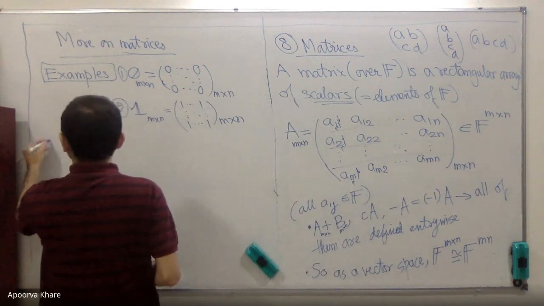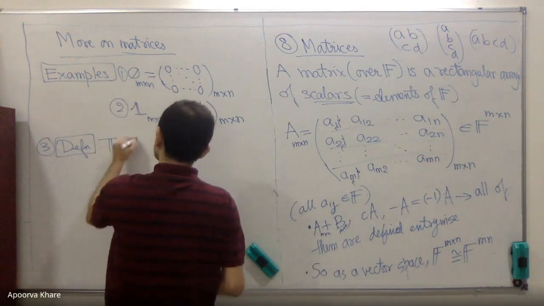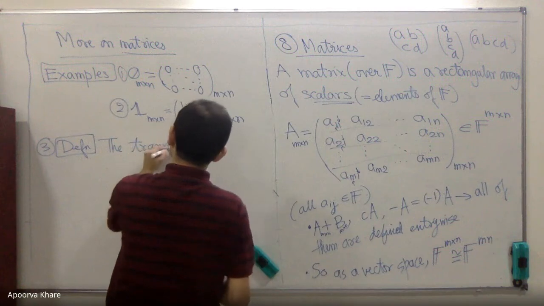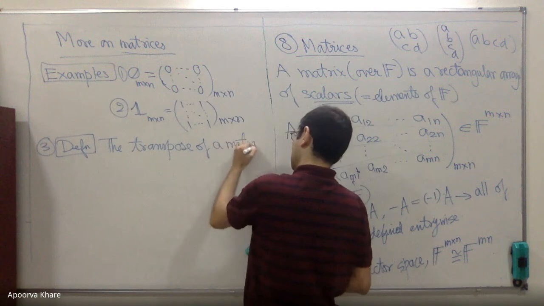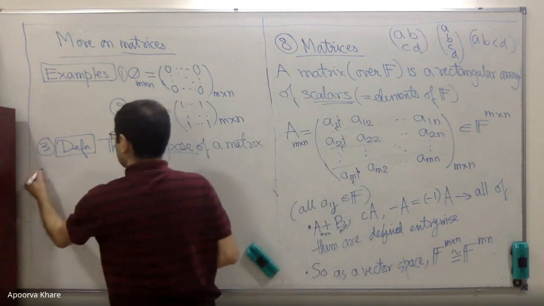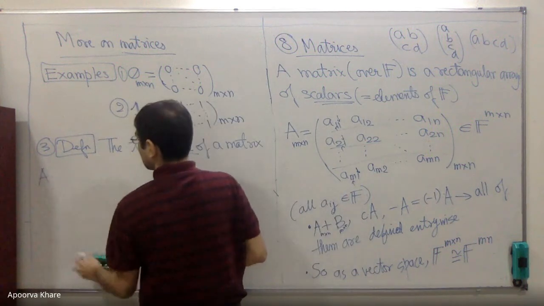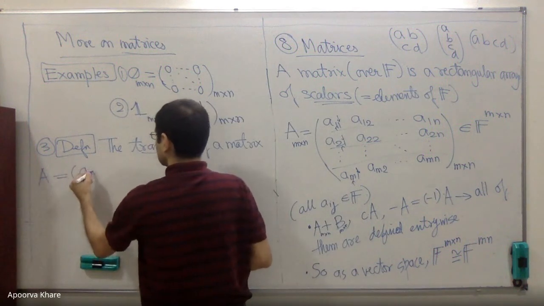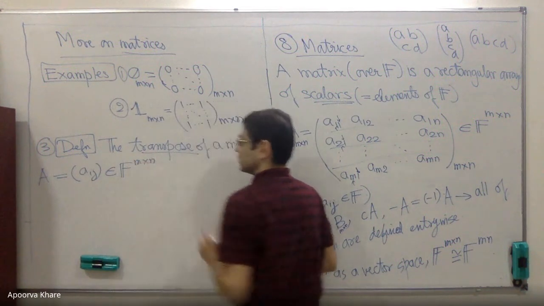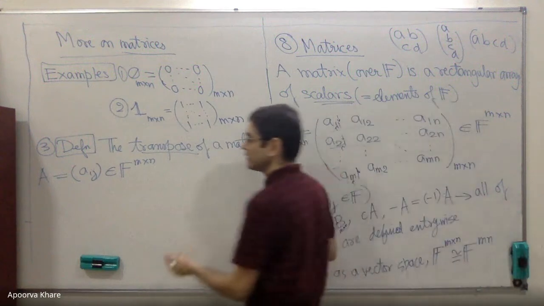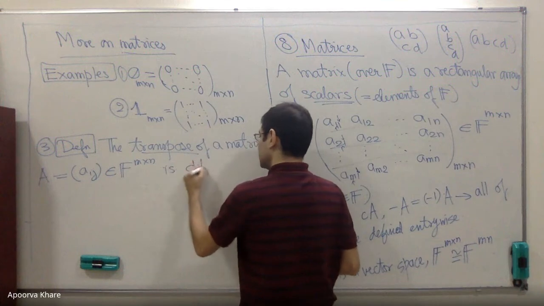This is actually a definition. The transpose of a matrix A belongs to F to the m cross n. Let's even write down the entries: A is the matrix with entries given by Aij.